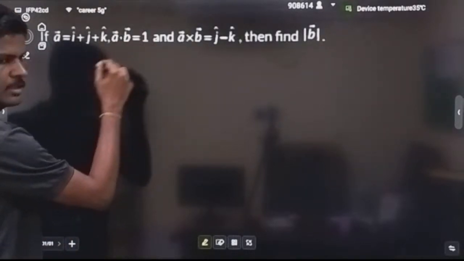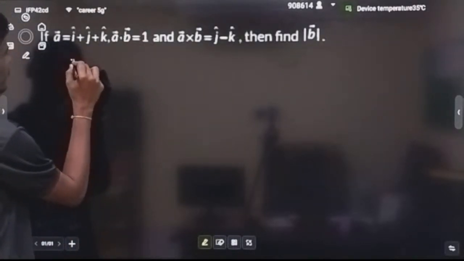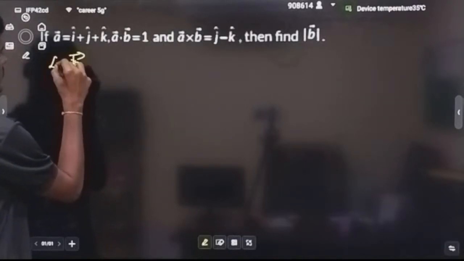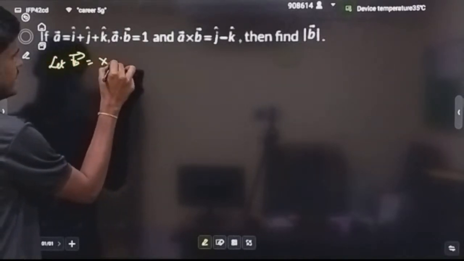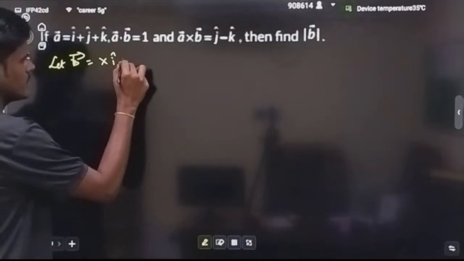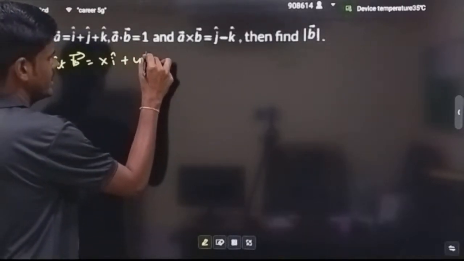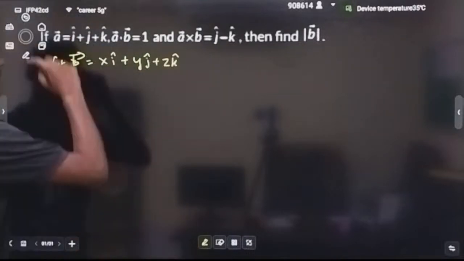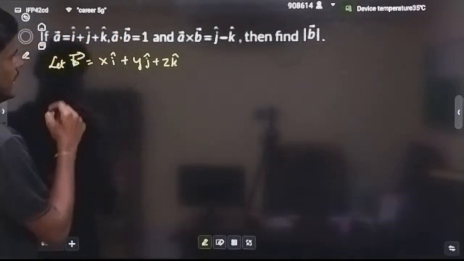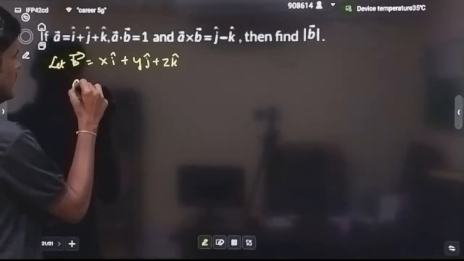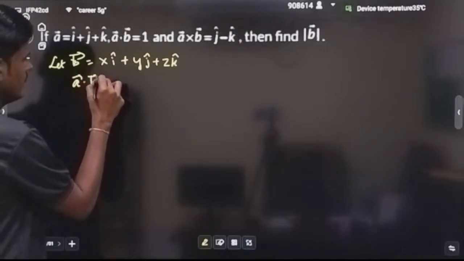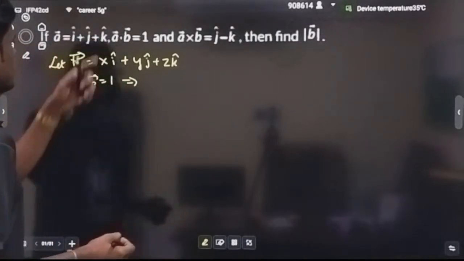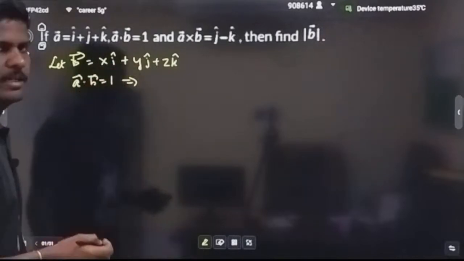So what is b vector? Let b vector be x i cap plus y j cap plus z k cap. Next what we need to do? a dot b equal to 1, which means we have to dot this i plus j plus k with this vector.